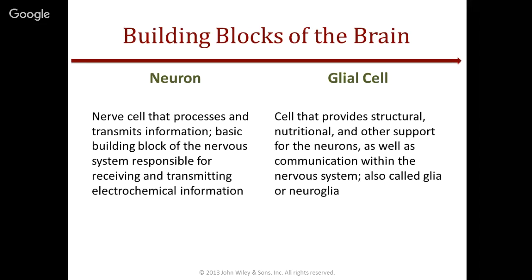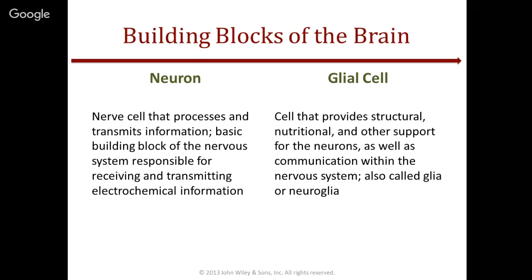It's going to look at the way that our neurons function, what is a neuron. So let's look at that. The building blocks of the brain: you have your neuron and you have your glial cell. I want you all to be able to identify your neuron and your glial cell. So our neuron, let's look at that. I want you all to process what exactly is the purpose of your neuron.